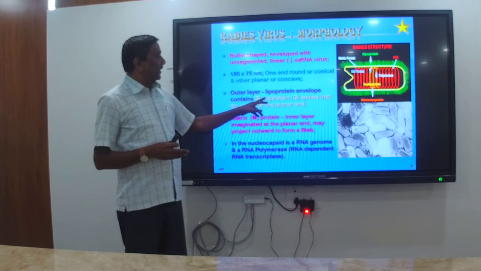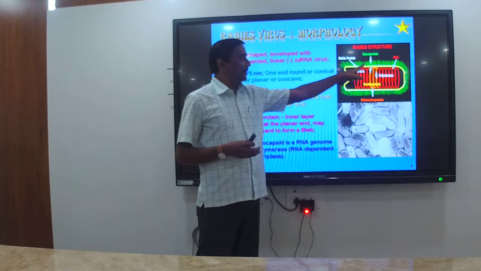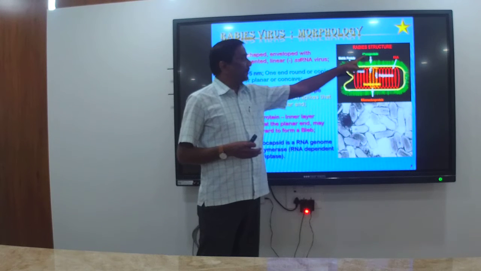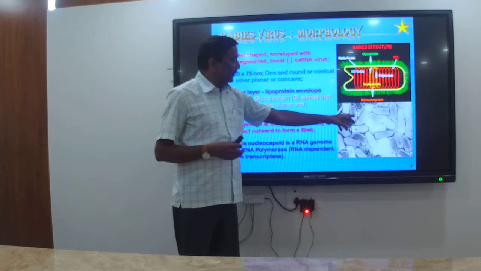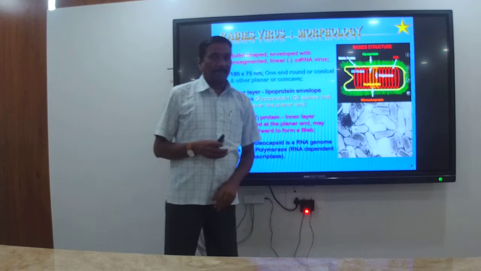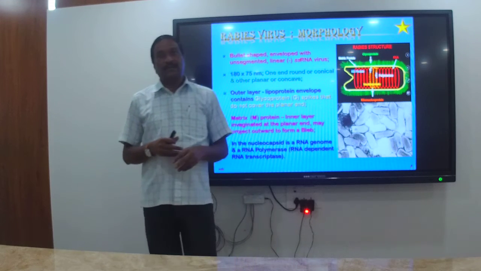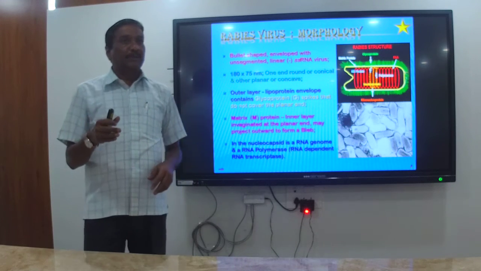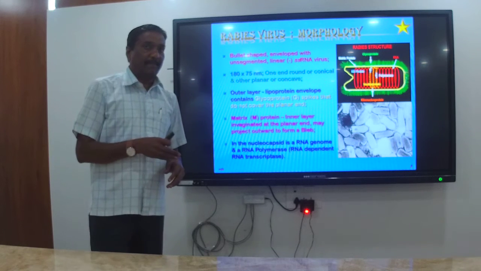It contains glycoprotein spikes on the surface. Here in the diagrammatic representation, the green colored spikes represent the glycoprotein present on the surface of the virus. These glycoproteins are the spike proteins. They are also responsible for attachment of the virus to the host cell surface.